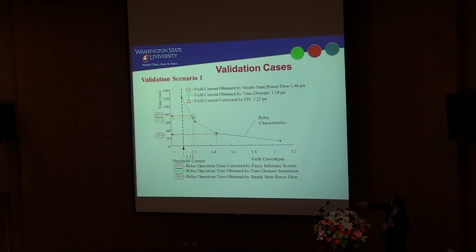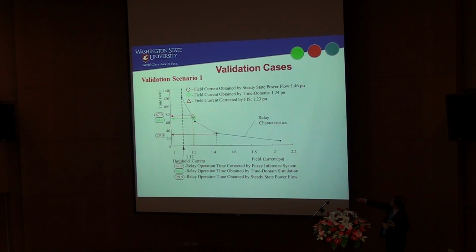And I can calculate it 3 ways. One is just do steady-state power flow, and that will give me a field current here. And this current is well above the threshold, and so that means it will trip, right? And these two are very close, also above the threshold, and so they will trip too.